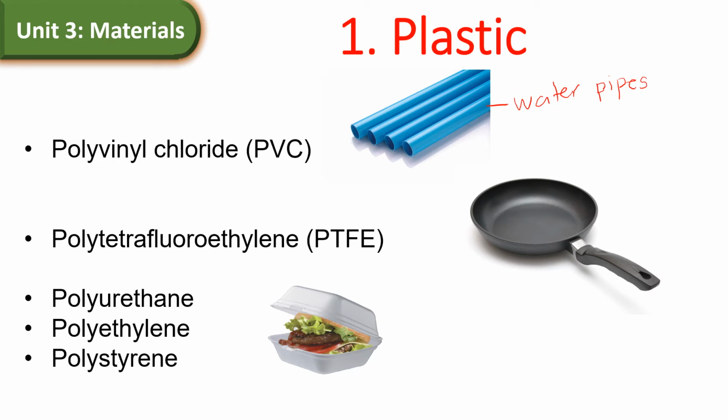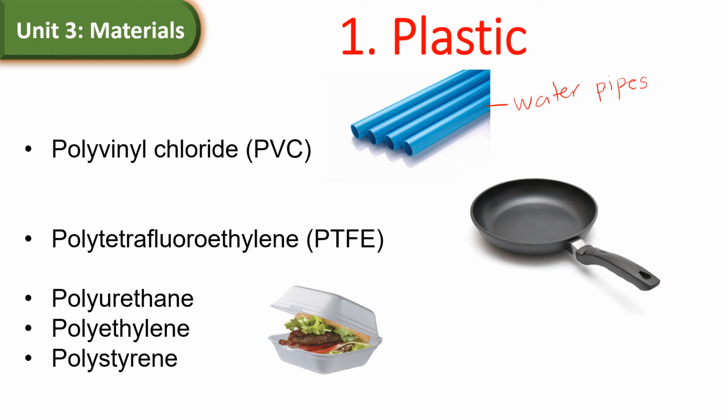Rust is what happens in metal when you expose it to oxygen and water, so it turns brown. With PVC, it doesn't turn brown, which could affect the quality of your water. And also it is hard and tough, which makes it a good product for water pipes.